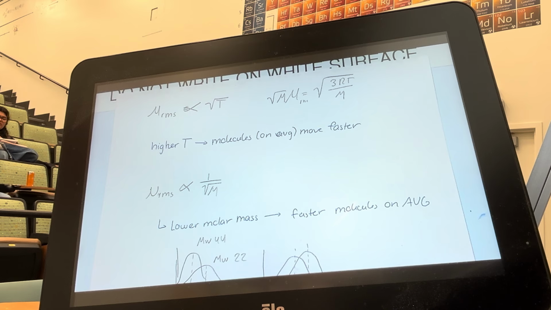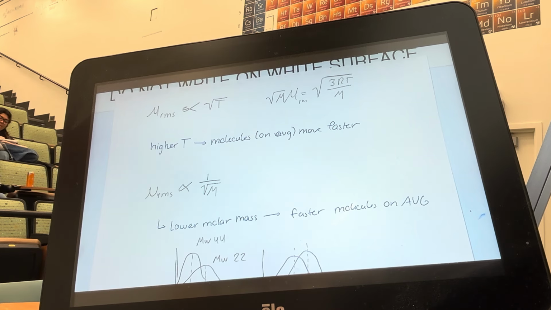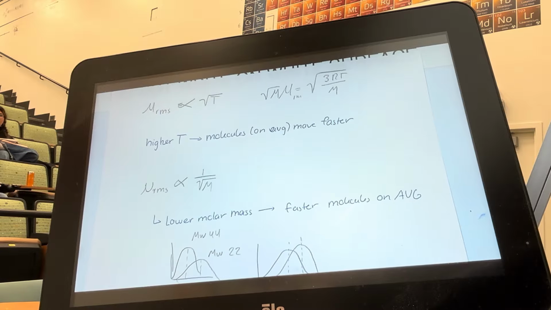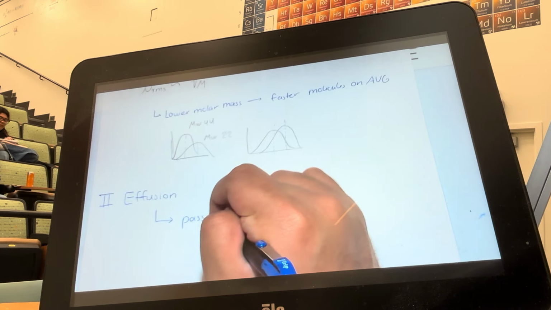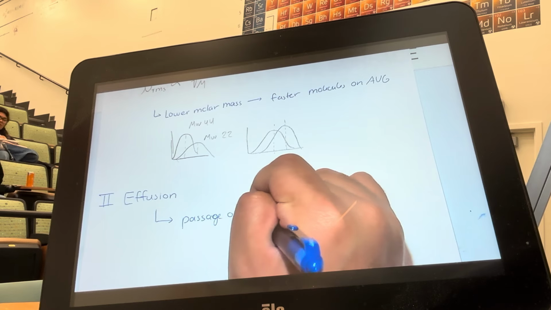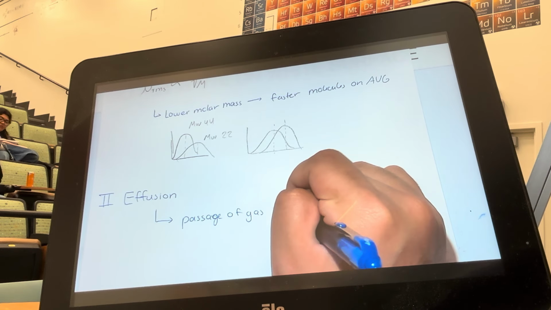All right, finally, the last two things I want to cover in this section. We're not going to go too in depth. Effusion. Effusion is the passage of gas through a tiny hole.